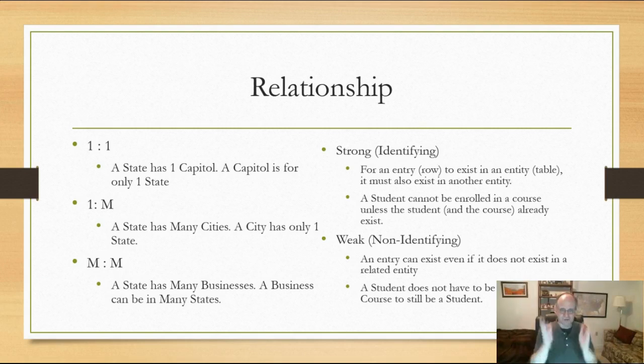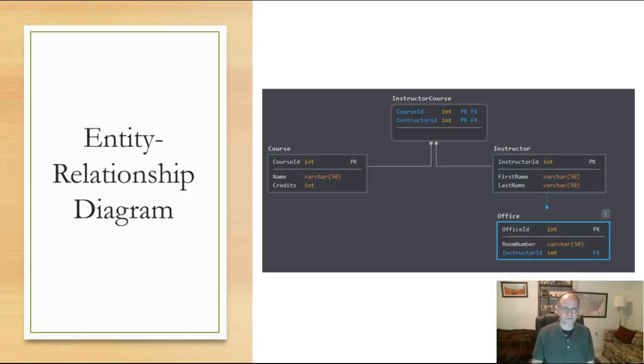So if a student just comes in and says, hey, I want to be a student in your college, great, we'd love to have you. We're going to add a row in our student table, even though there are no corresponding rows in the roster table. That's called a weak or non-identifying relationship. I know this is a lot I'm throwing at you right now. Don't worry if it doesn't all make sense to you. We're going to spend more time when we get to data modeling to go over this in more detail. I just want to throw these terms out there to you.